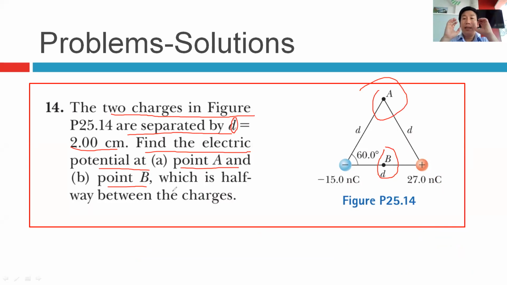If you have two charges, one charge will cause one potential at a point, and the other charge causes another potential at that point. So the total potential here is the sum of the potentials caused by each charge at this point. You just calculate the potential caused by each separate charge and then sum them.